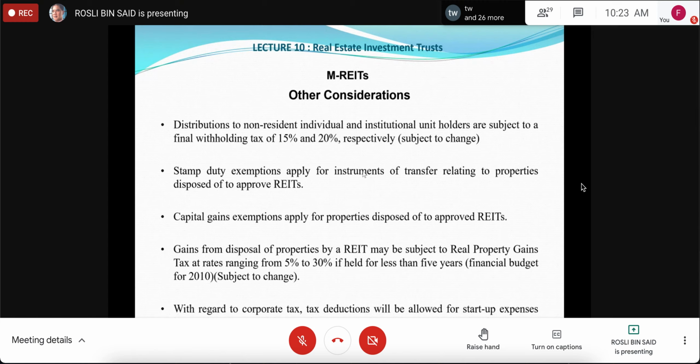And the stamp duty will be exempted, and the capital gains tax will be exempted, and gains from disposal of property by REITs will be exempted. But these are all subject to change from time to time, like now there is a big relaxation as announced in the budget 2021. And with regard to corporate tax, tax reduction will be allowed for startup expenses incurred on the establishment of a REIT.